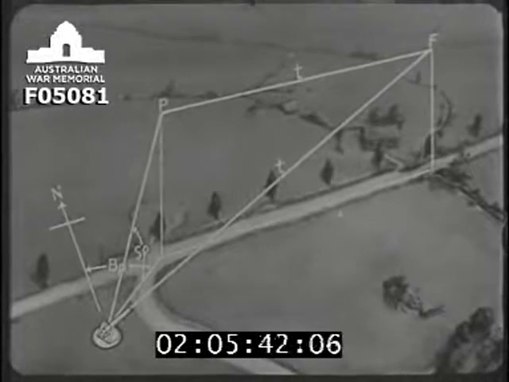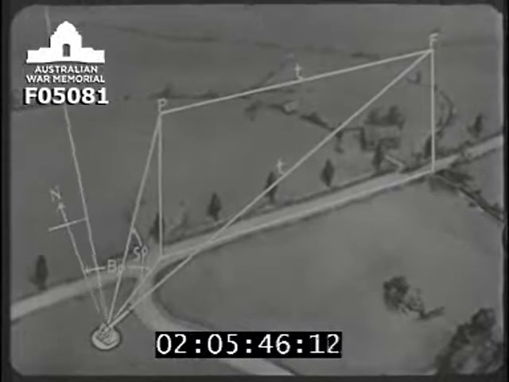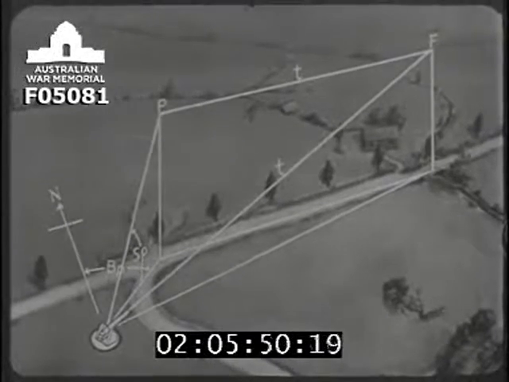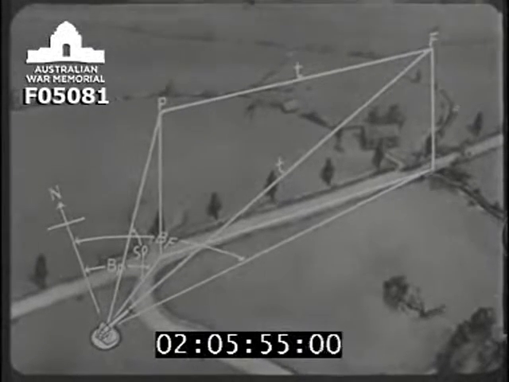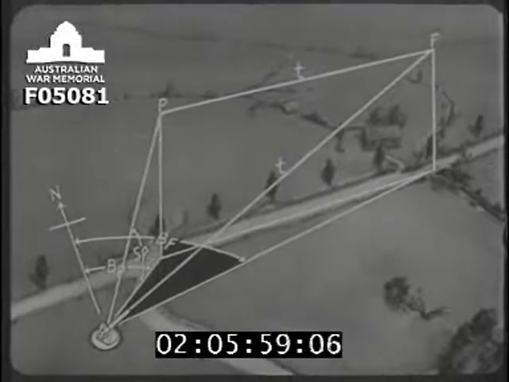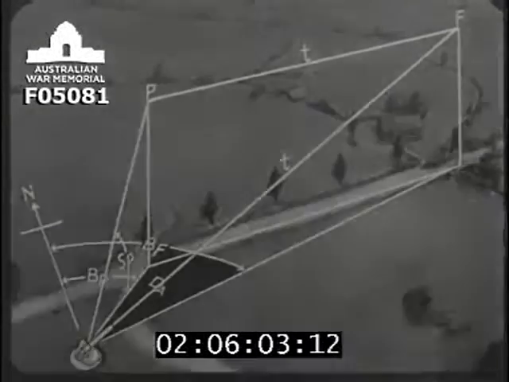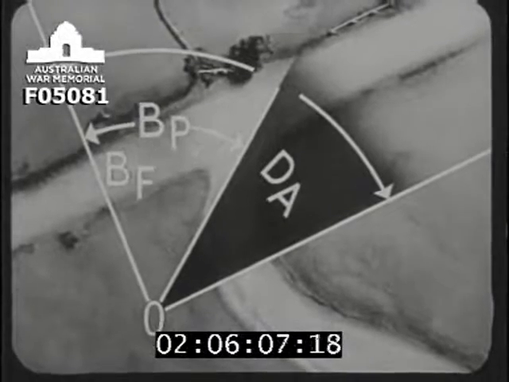Don't forget we work on a constant height. The bearing of this future position we'll call BF. The difference between our present bearing and our future bearing is called lateral deflection in azimuth. There it is, dA. Looking straight down, it's evident that BF equals BP plus dA.